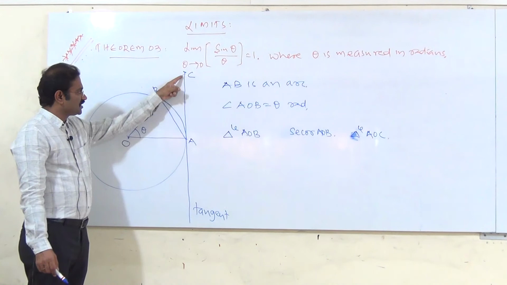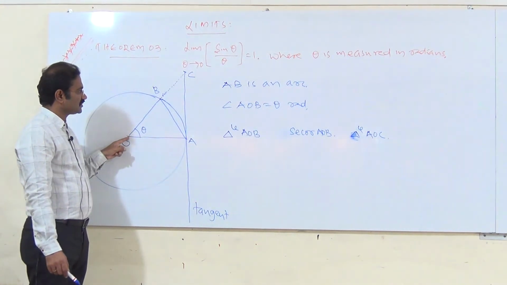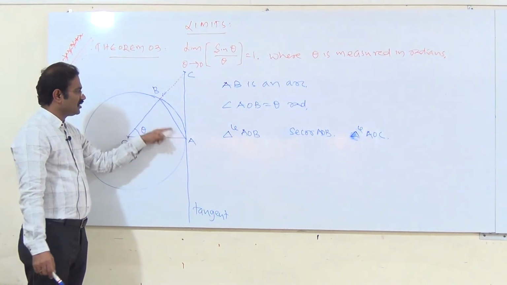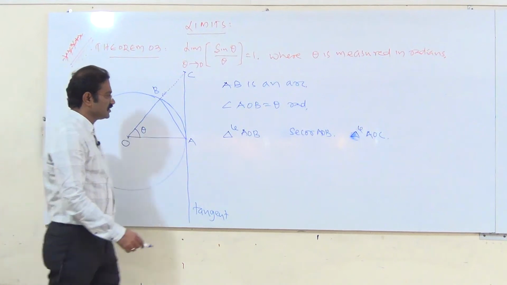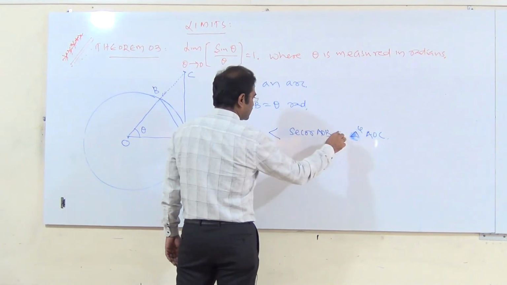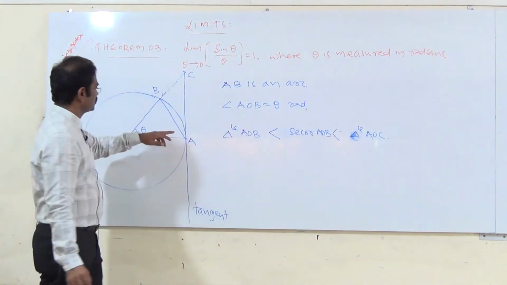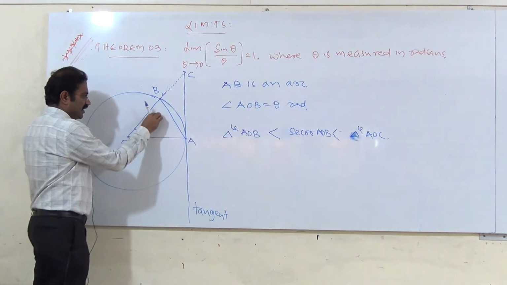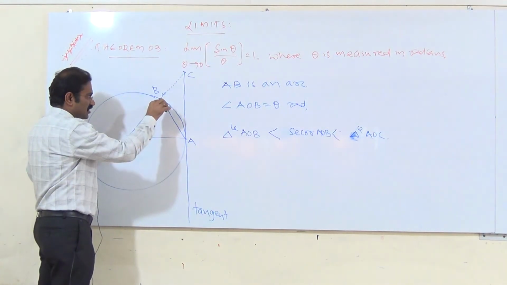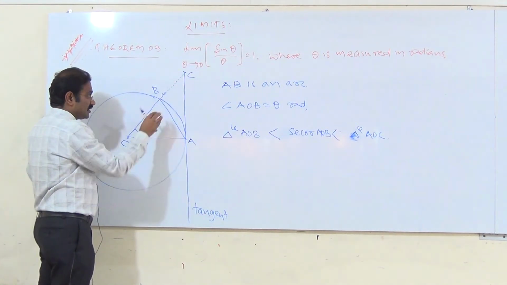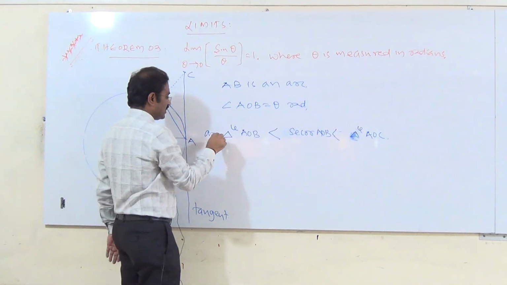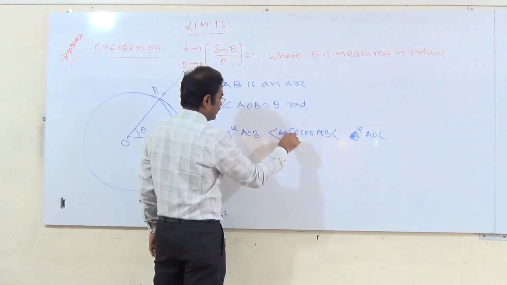The area of this big triangle is greater than the sector. The area of the sector is greater than this small triangle. Or the area of triangle AOB is less than the area of sector AOB, and this is again less than the area of the big triangle AOC.